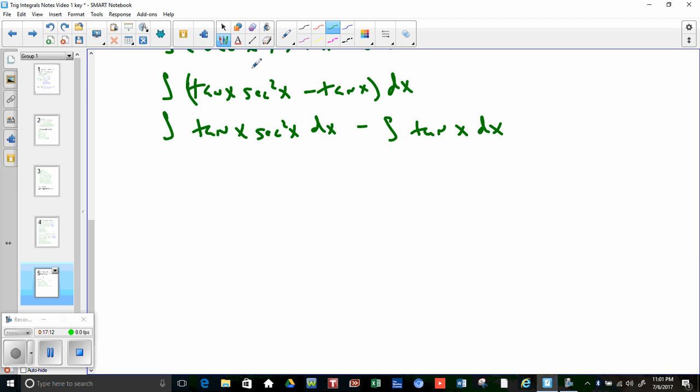On the right piece, we already know the result. So on the left piece, u is going to be tangent x. Du is secant squared x dx, and dx is going to be du over secant squared x. So now just dealing with this one, we'll put it in red.